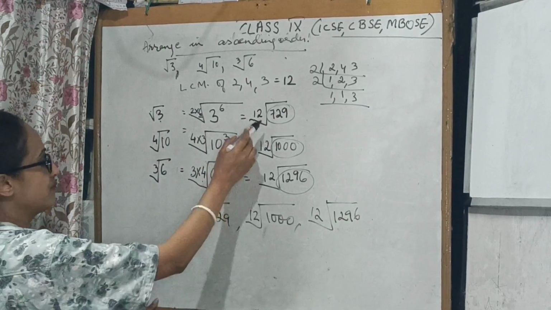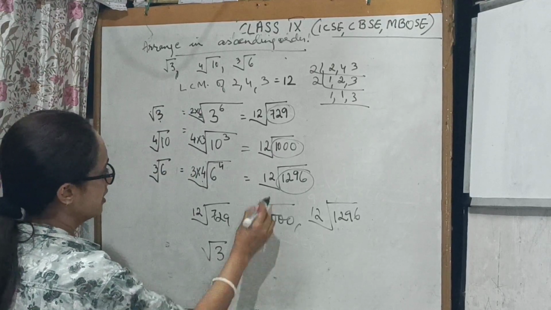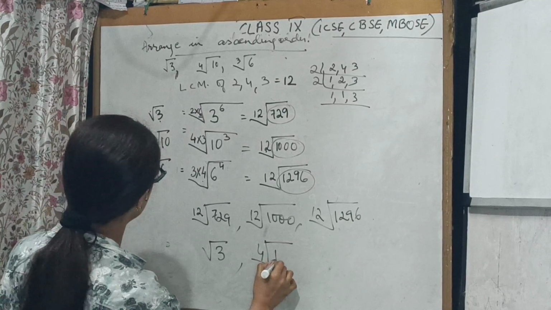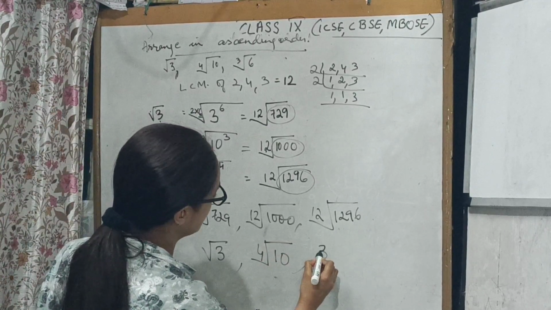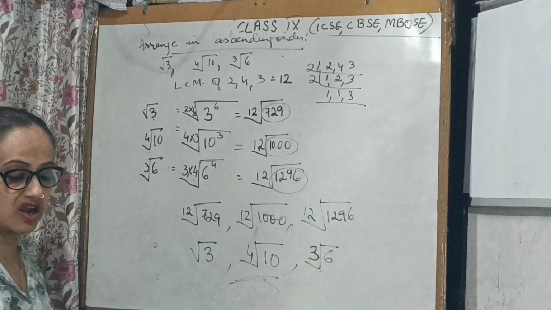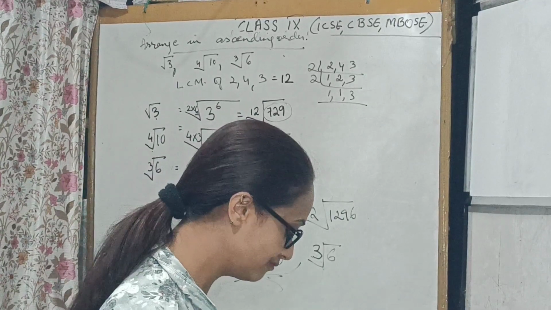From where does this number come? The original is root 3. What is the original of this? Fourth root of 10. And of this? Third root of 6. Arranged in ascending order. Okay. Let's move ahead.